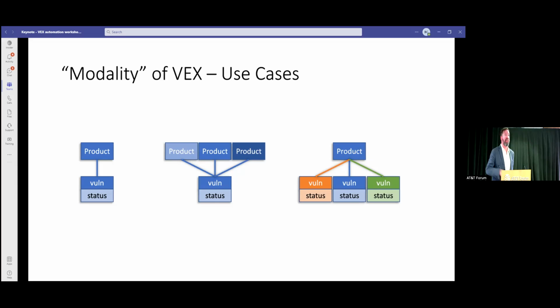So essentially, you could say a VEX could be one product and one vulnerability. Pretty simple security advisory. It could be many products and one vulnerability. This is the Log4j approach. It could be one product and many vulnerabilities. So this could be the third-party security testing announcement. So there are lots of ways this can be done.